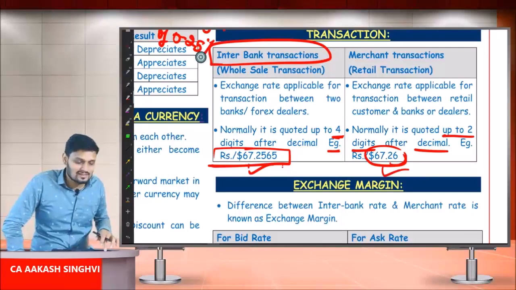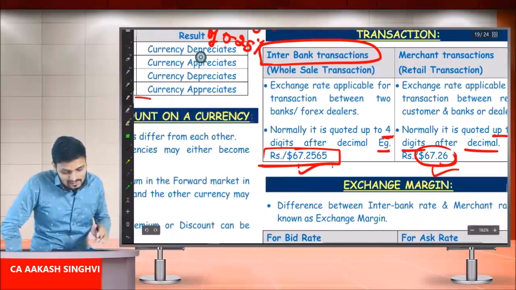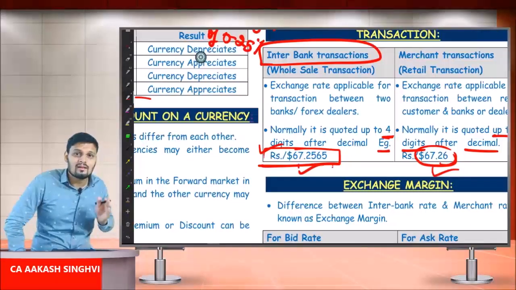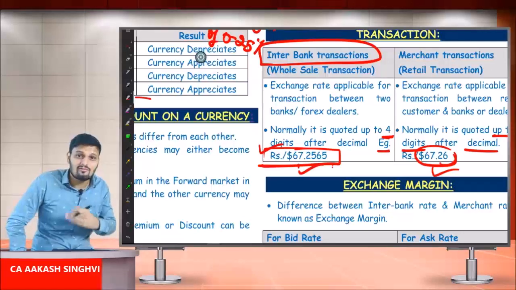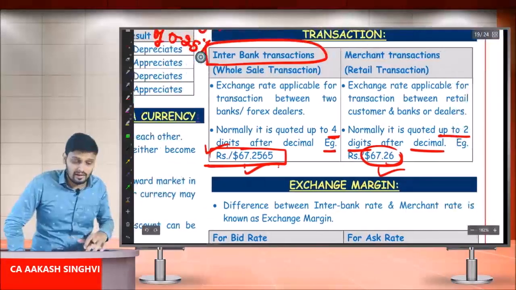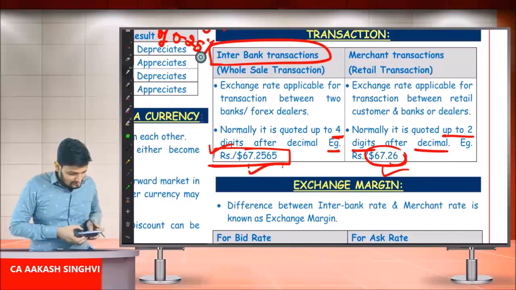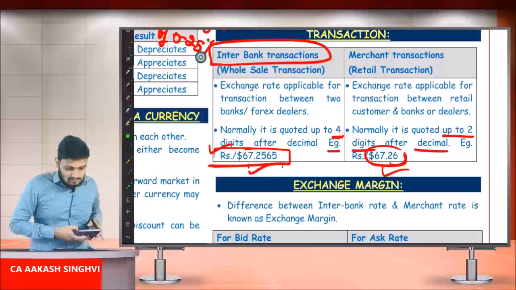Or in the questions they might also ask you like this: 67.2565 is the interbank market rate. Bank will have an exchange margin of 0.25%. Find out the retail rate or the customer rate. In that case, what will we do? 67.2565 plus 0.25 percentage.